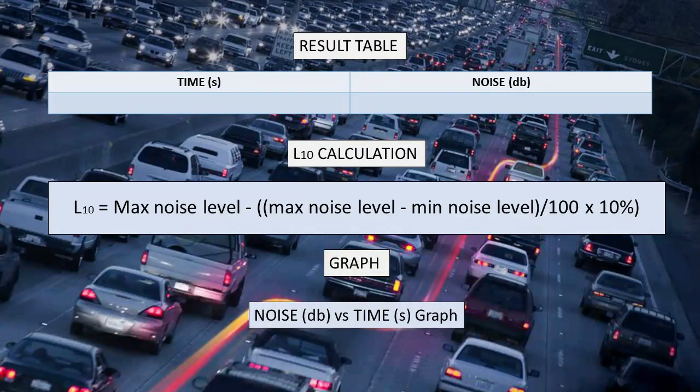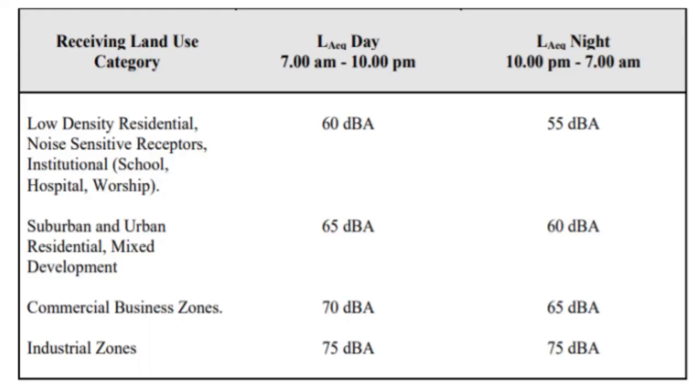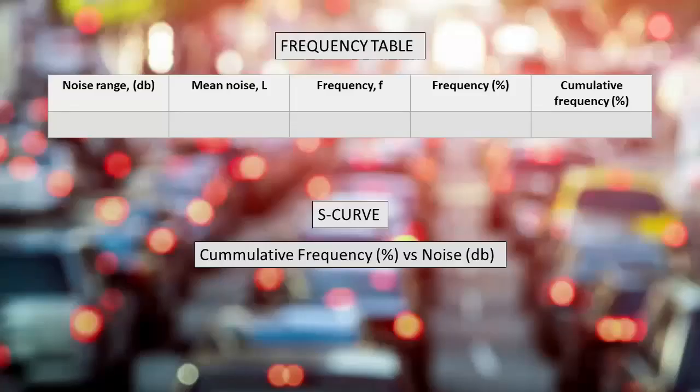Since we already obtained L10 from the calculation, plot the L10 on the graph and you can see which noise is more or less than the L10 plotted. From this, we can refer to the guideline for environment noise limit and control to check whether the noise is over the limit range or not at that specific place.